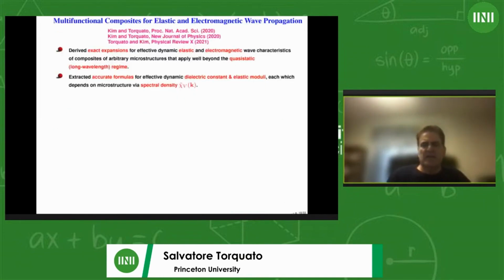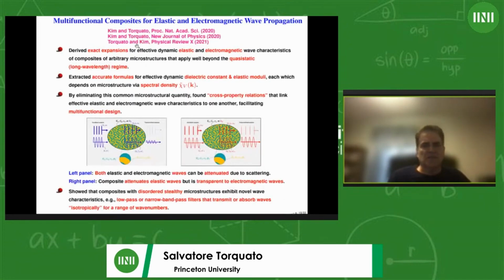Now, in another study with Joe Kim, who's a postdoc and was a former student, we looked at a theory, which I'm going to skip at least on this slide, where we looked at both the dynamic elastic problem as well as the electromagnetic problem.